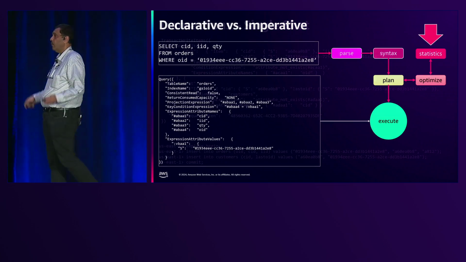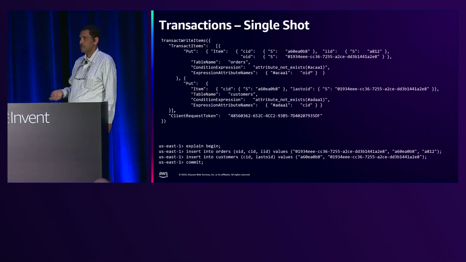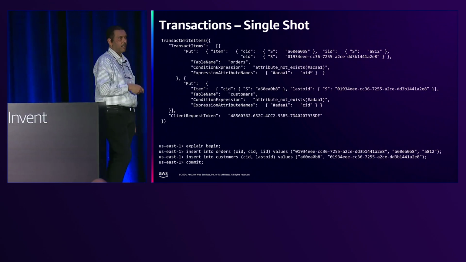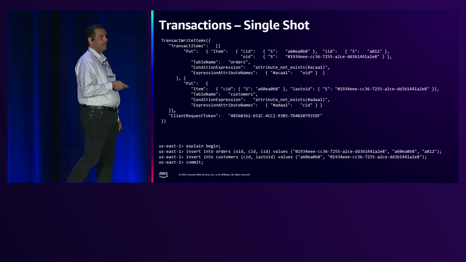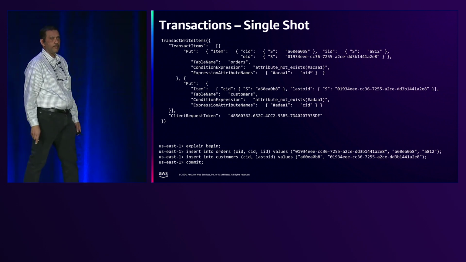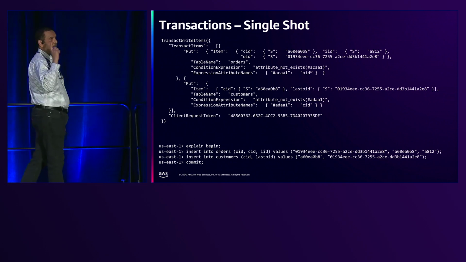Another example, we implemented transactions in DynamoDB. In a relational database, you can do transactions by saying begin, some statement, another statement, and so on and so on. They're independent statements. You can intersperse reads and writes. In DynamoDB, in a transaction, the entire transaction is in the API call.